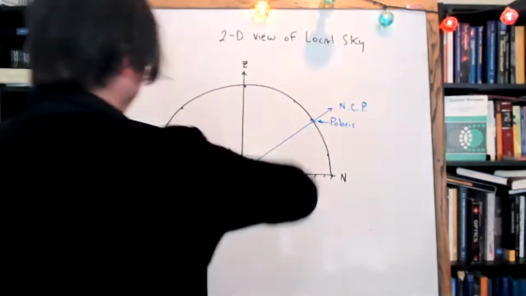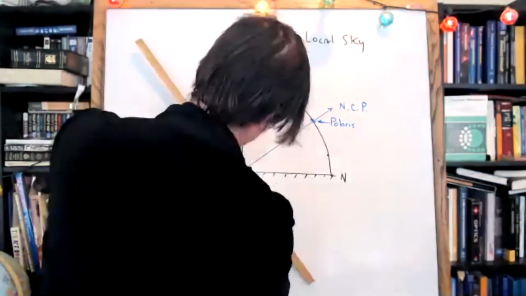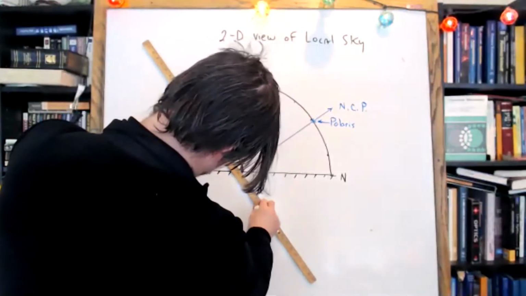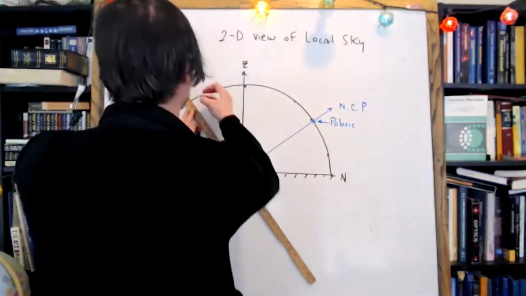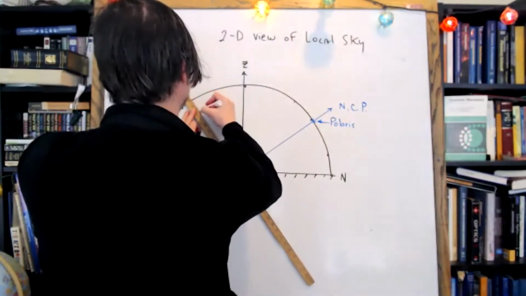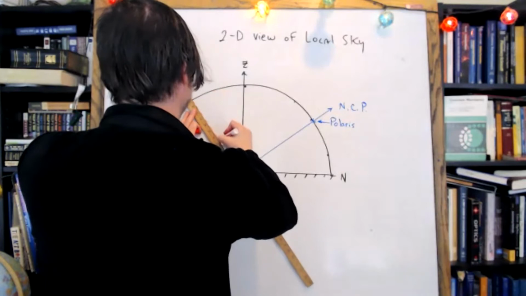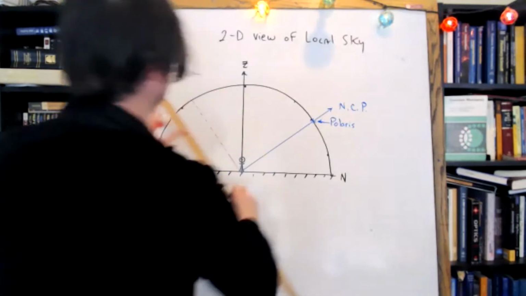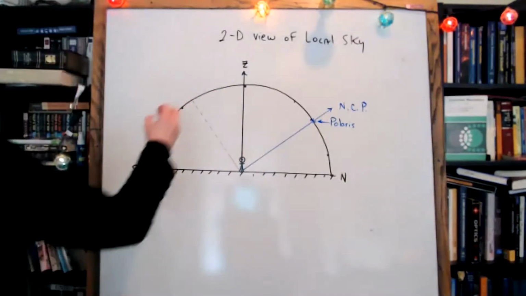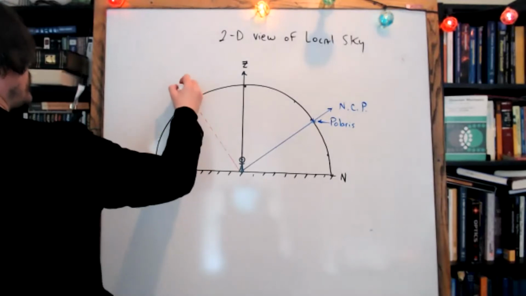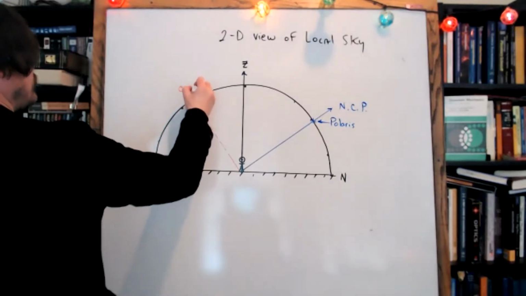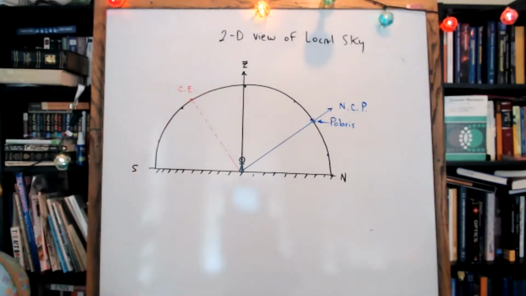It should be at a 90-degree angle where it intersects the meridian. So I'll make a 90-degree angle. I'll put a dot there, and then I'm just going to make a dashed line. And at this dot, I'm going to write CE for celestial equator. So go ahead and make your diagram look like my diagram.